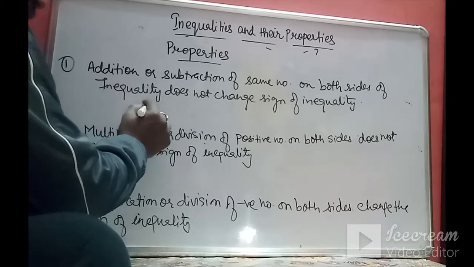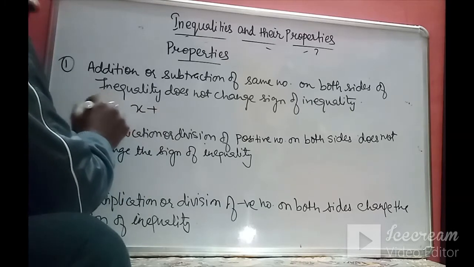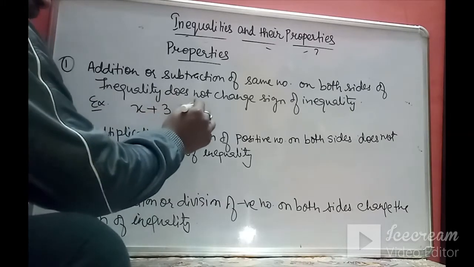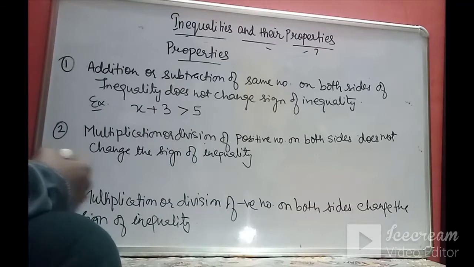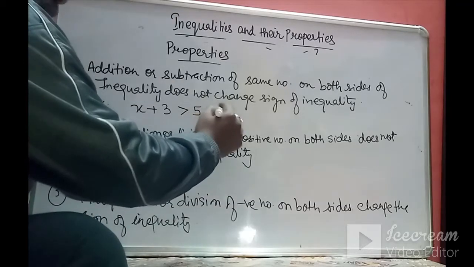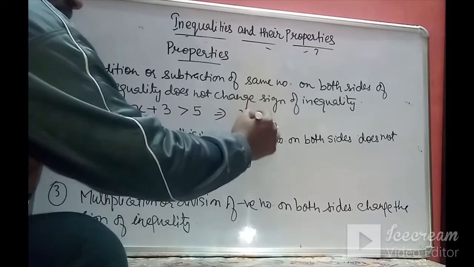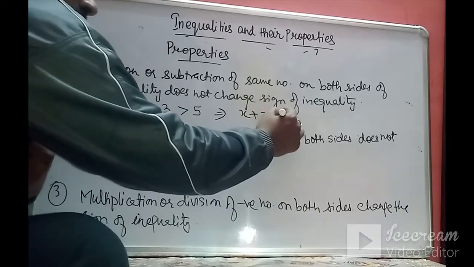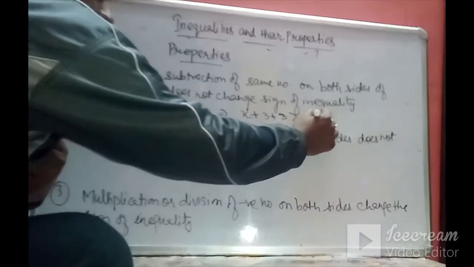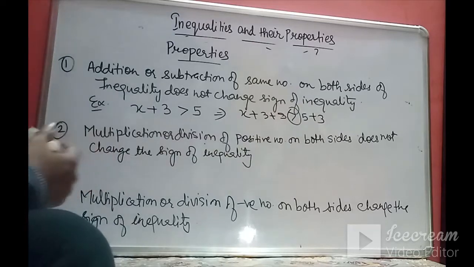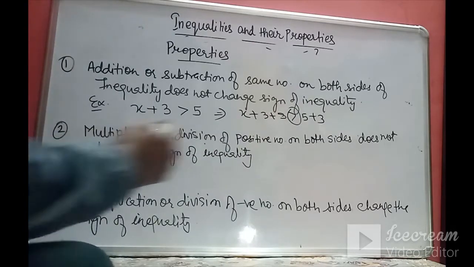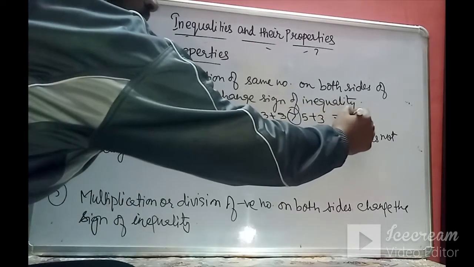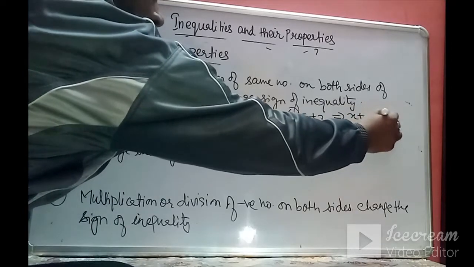Suppose I have an inequality like this, x plus 3 is greater than 5. And suppose I add 3 on both sides, what happens? The sign will not change. It becomes x plus 6 greater than 8.